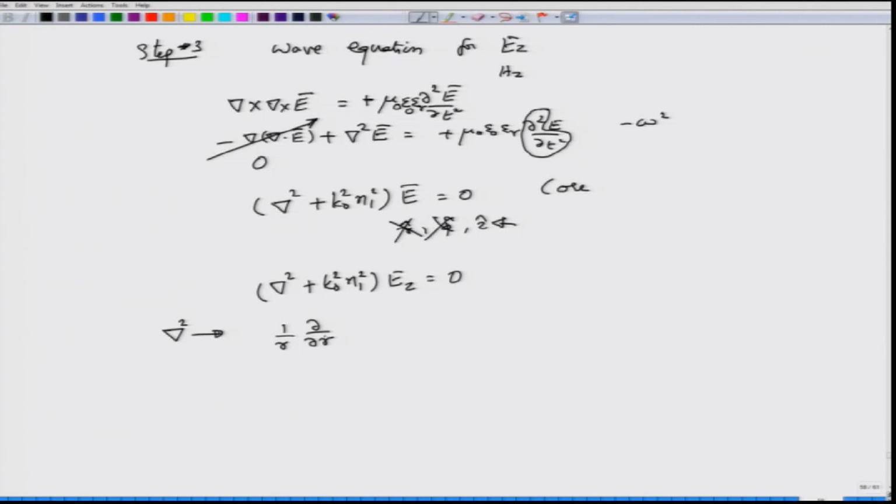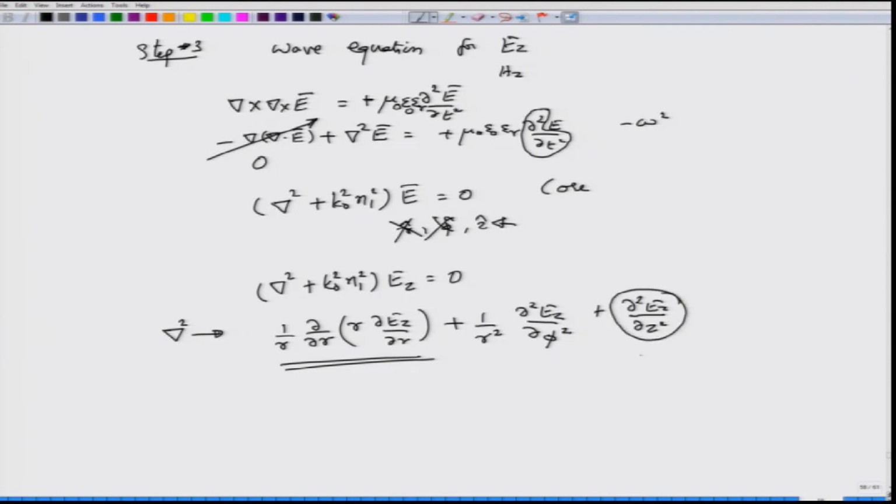So, 1 by r del by del r del Ez by del r, plus 1 by r square del square Ez by del phi square. So, in terms of phi and z you still have the same second derivative format, but this is the complicating fellow. Then you have plus del square Ez by del z square, but I know that del square by del z square can be written as minus beta square Ez, and of course, that is that minus beta square that I am going to substitute into the wave equation.